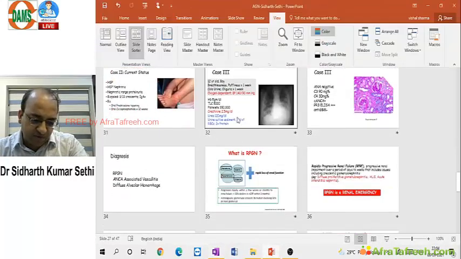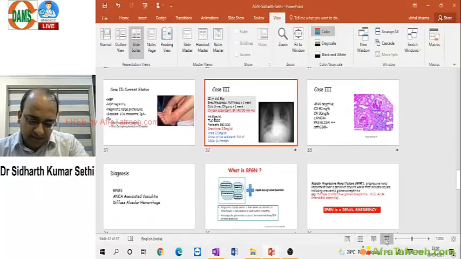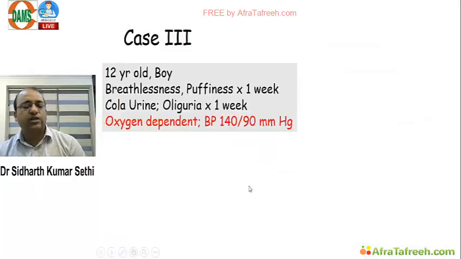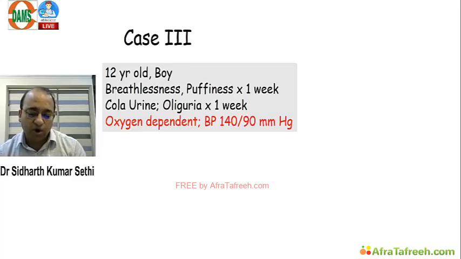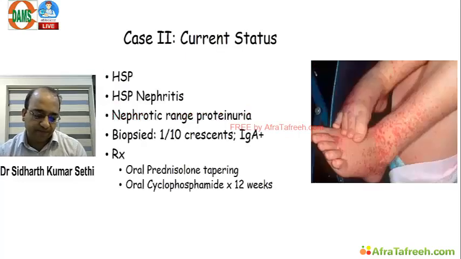This child came to me from Uttarakhand. He was a 12-year-old boy. He came to our hospital with breathlessness, cola-colored urine, oliguria. He was on oxygen, and his BP is 140/90.